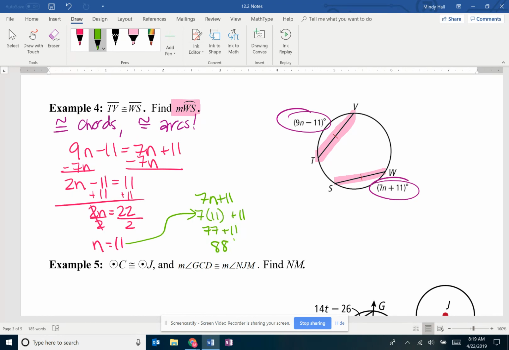And again, this is the measure of the arc. So measure of WS is 88 degrees. And again, this is just to tie more in: if I were to have a central angle, my central angle would open up to the arc, and that central angle would also be 88 degrees.